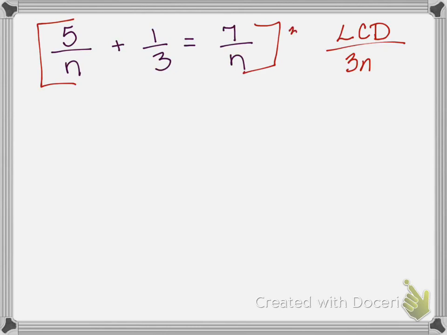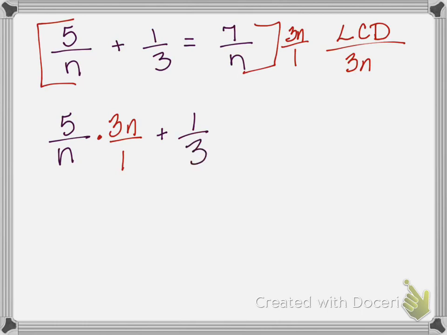So what I'm going to do now is multiply everything times 3n over 1. So I have 5 over n times 3n over 1, then I am adding that to 1 over 3 times 3n over 1, and that's equal to 7 over n times 3n over 1.